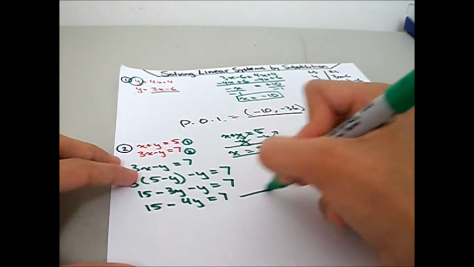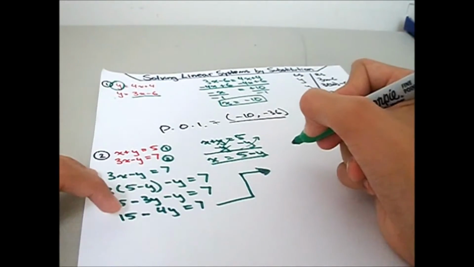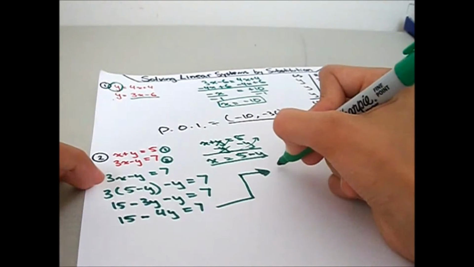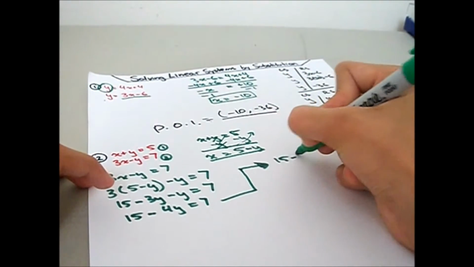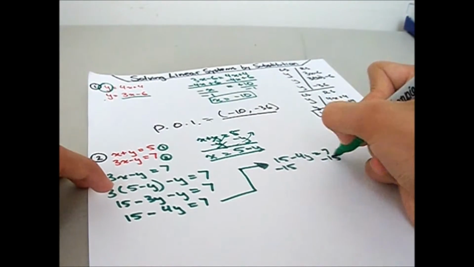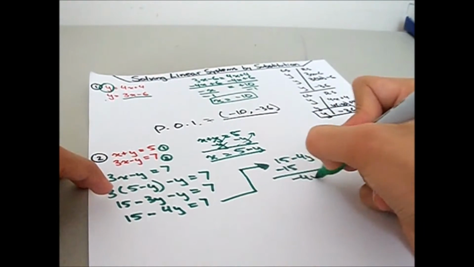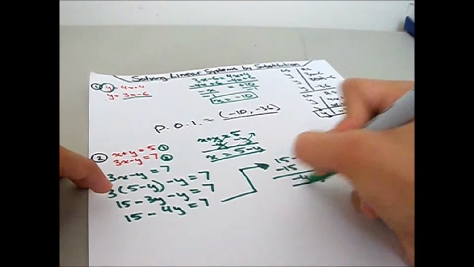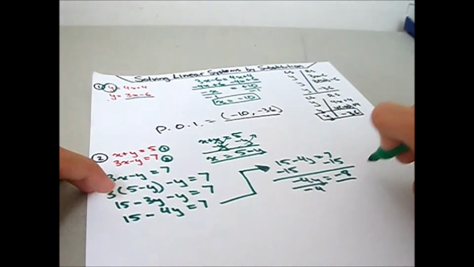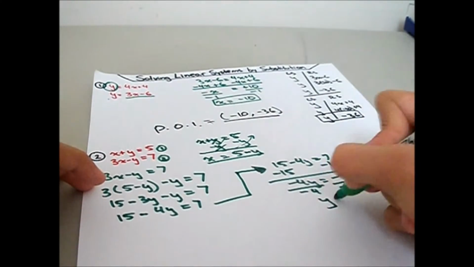Remove 15 from both sides to isolate the variable and its coefficient. Subtract 15 from both sides. You get negative 4y equals negative 8. Divide both sides by negative 4 to get rid of the coefficient of y. And we get y equals 2.